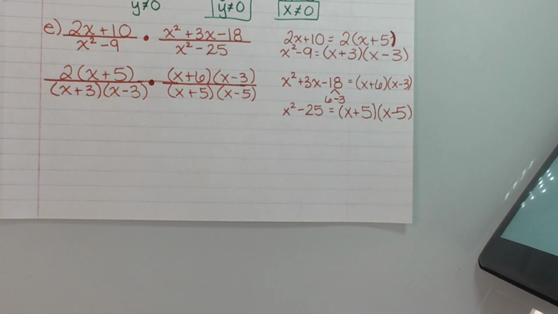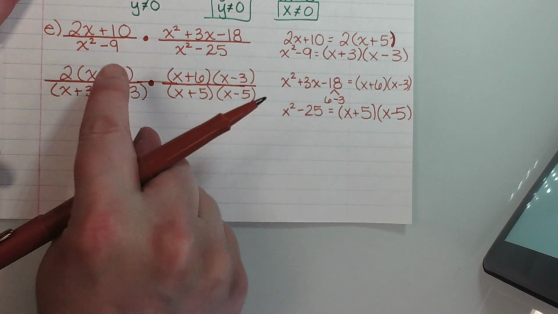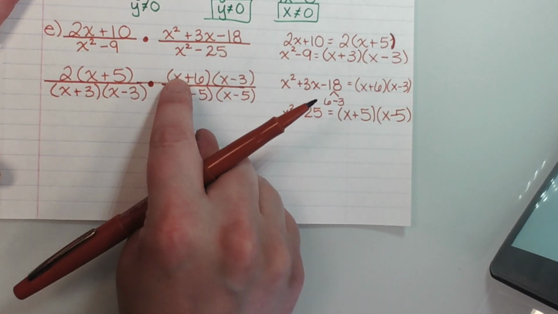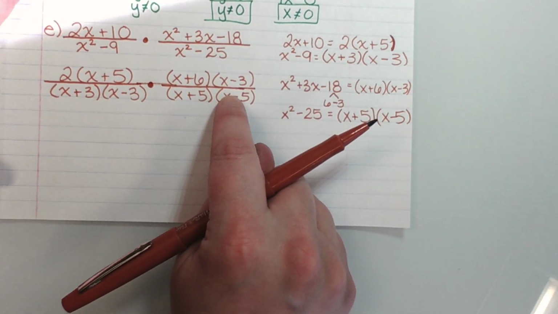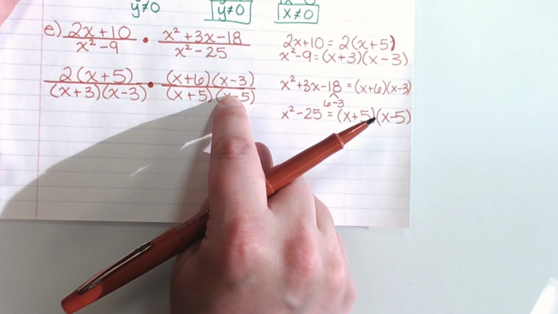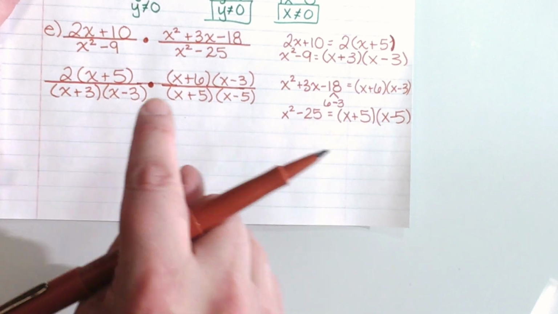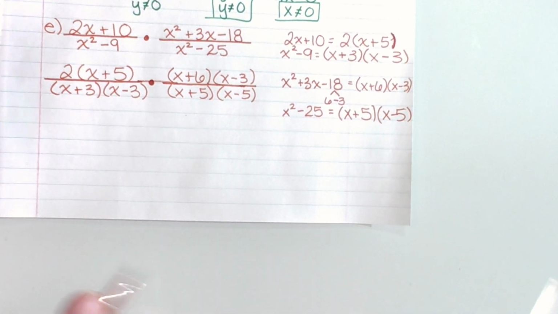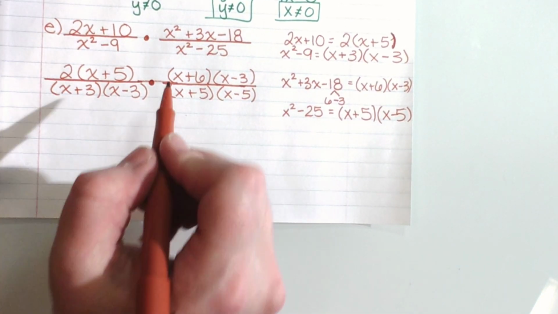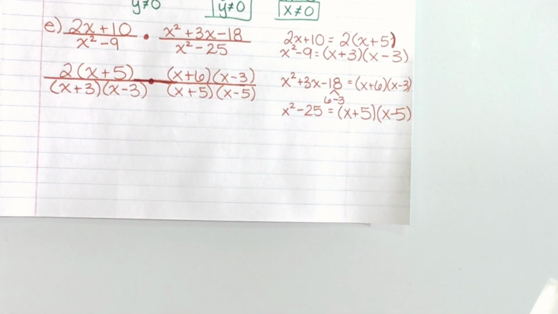Ta-da. They are now one fraction. Because when you multiply them together, all you're going to do is write them all side by side. You're going to write a 2 and a parentheses x plus 5 and a parentheses x plus 6 and a parentheses x minus 3. And an x plus 3 and an x minus 3 and an x plus 5 and an x minus 5 in the denominator. Lazy multiplication. Just make them one fraction. Ta-da.